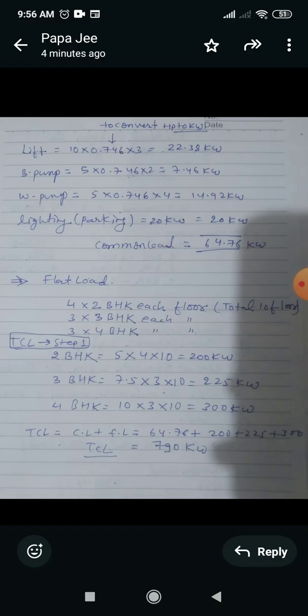Okay, so total 14.92 kilowatt, and for the lighting and parking 20 kilowatt. So total common loads are 64.76 kilowatt.